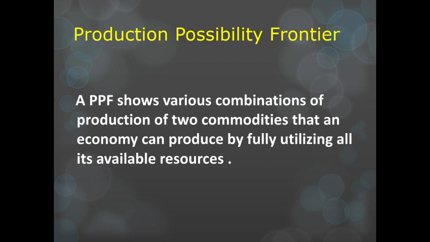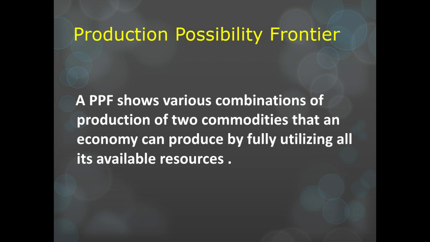Let's start our class with the definition of production possibility curve or production possibility frontier. It shows various combinations of production of two commodities that an economy can produce by fully utilizing all its available resources. That is, by fully utilizing all the available resources of an economy, how much quantity of two commodities that economy can produce.